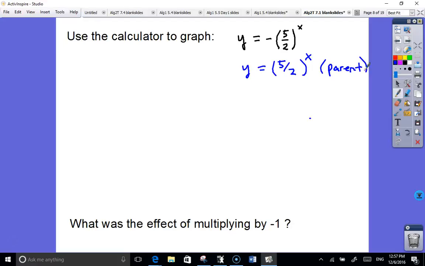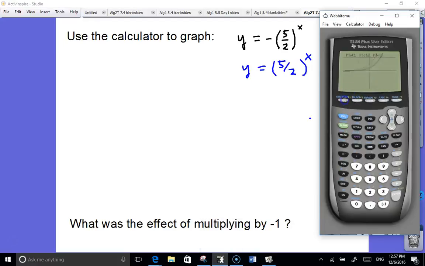So let's do that one in the calculator. Okay, clear. This one will be 5/2, that's 2.5, raised to the x. And then this one will be negative 2.5.